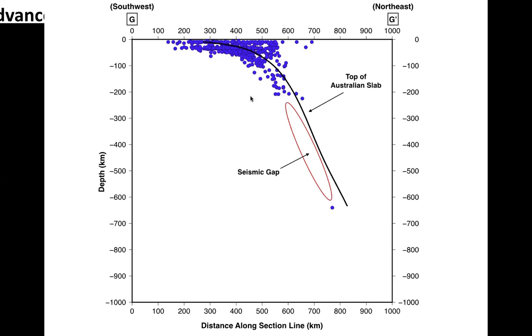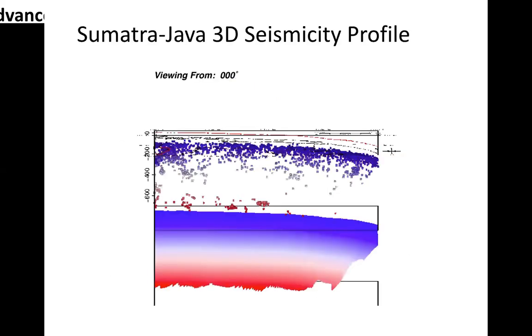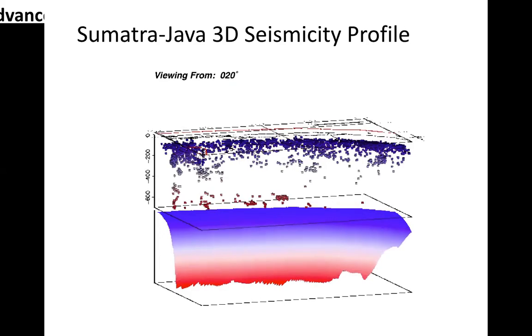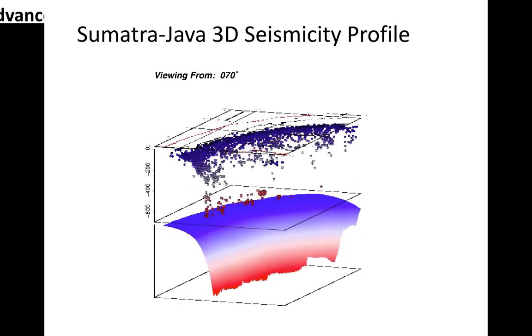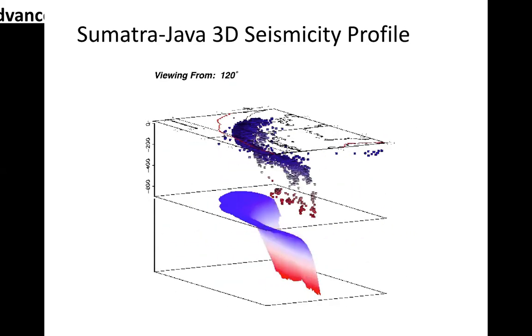But also in this location, as we start moving into Sumatra, convergence between the Indo-Australian plate and the Sunda plate becomes increasingly more oblique, which we will begin to see more later. So if we view this section in 3D, you can see again that the geometry of the subduction is fairly simple.